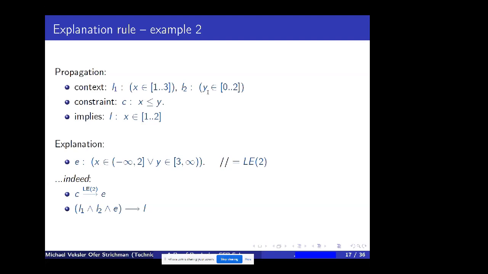So y is between 0 and 2, and together with the literal here that y is greater or equal than 3, this makes this part of the disjunction false, and what we're left with is that x is smaller or equal than 2, and this is the literal L. This is what is implied here. So we see that E is strong enough to imply the literal that the original constraint implied. So far, okay? Any questions?